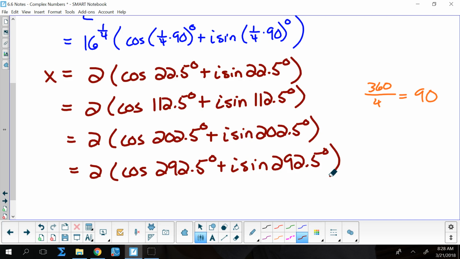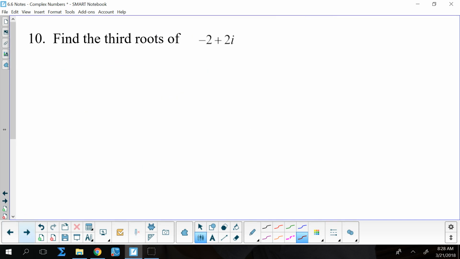Good. Let's do one more. Find me the 3rd roots of that. What I'm asking here is for the 3 roots of -2 plus 2i.